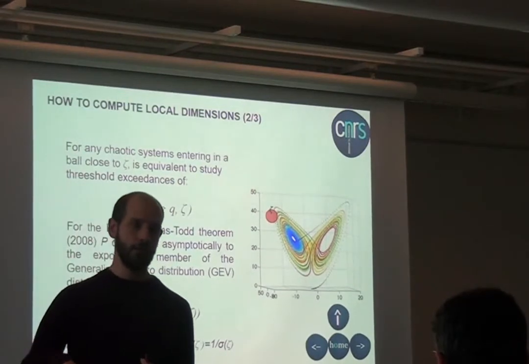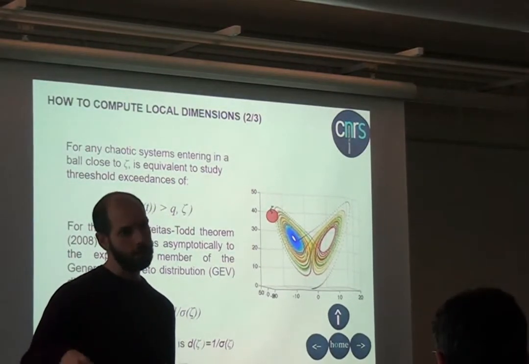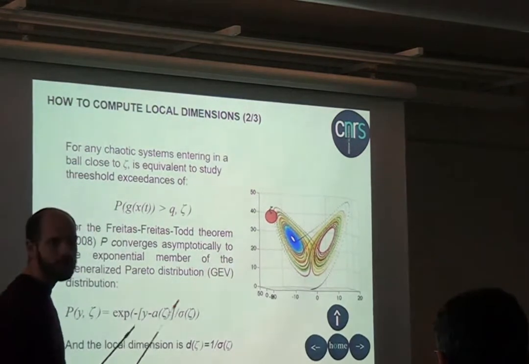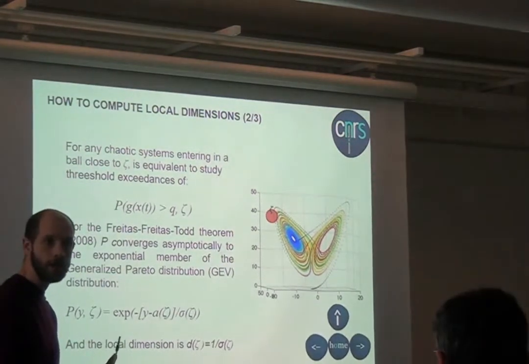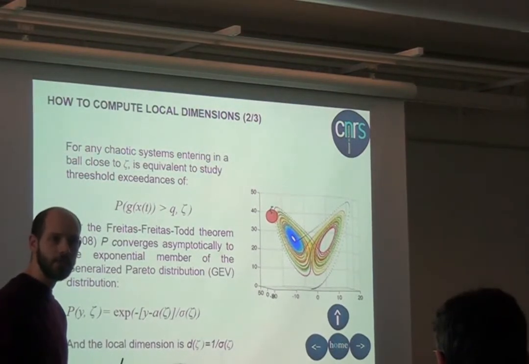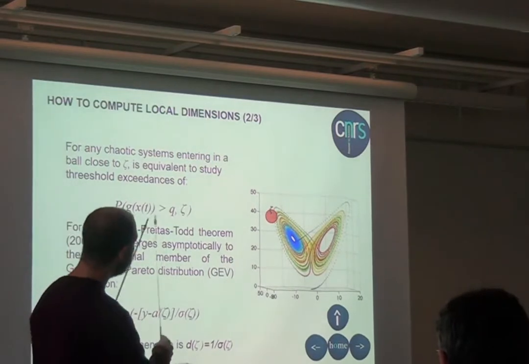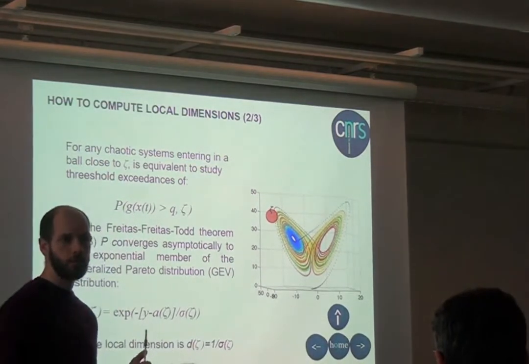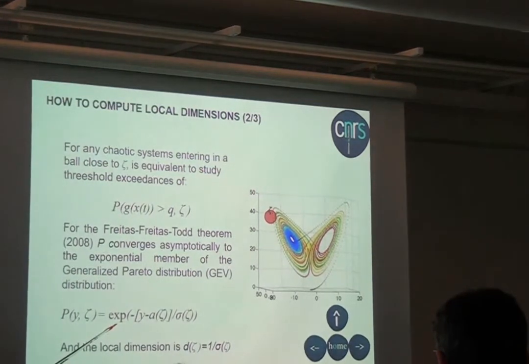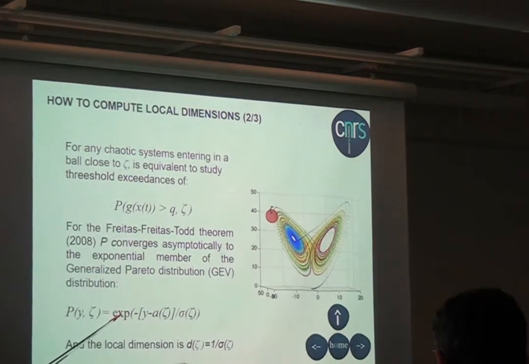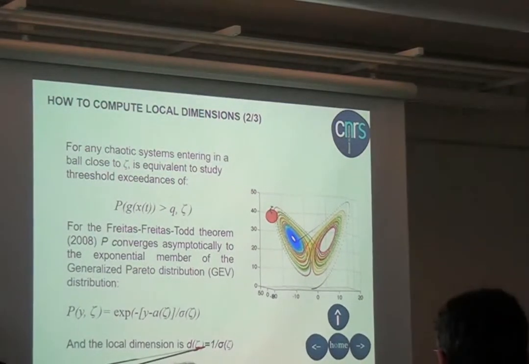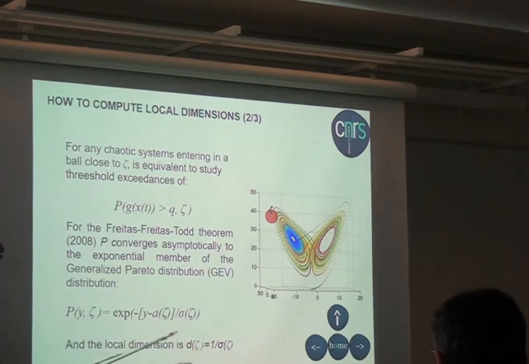But the theory that we use is the extreme value theory to get these results. So this is a sort of central limit theorem for recurrences, because the extreme value theory is already a central limit theorem for extremes, and this is basically the way it's reformulated for recurrences. And that's why it's powerful, because we have the functional form of the distribution, so we can get dynamical estimates of the dimension just with the fit.